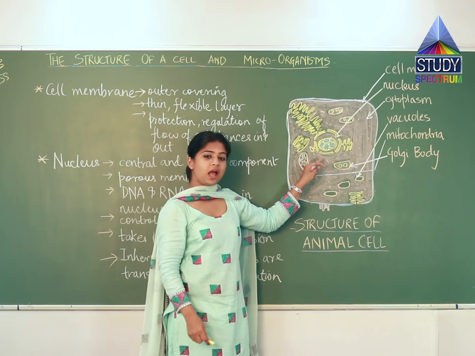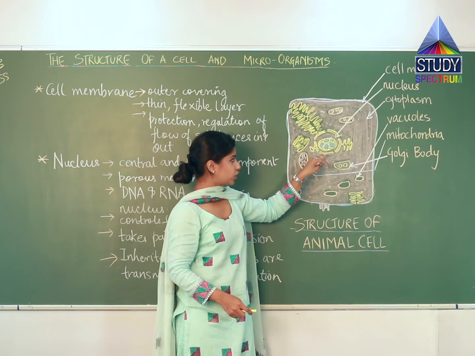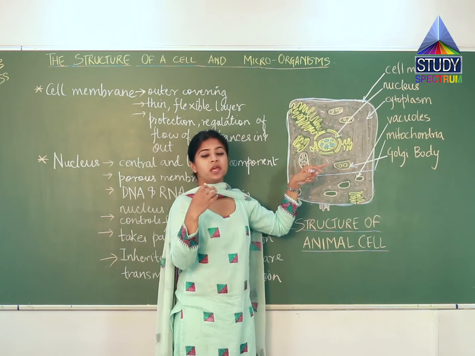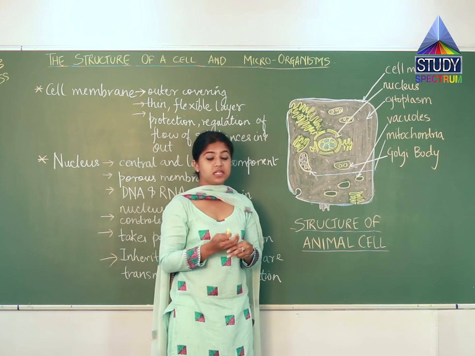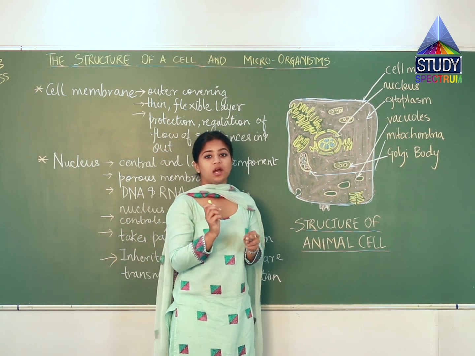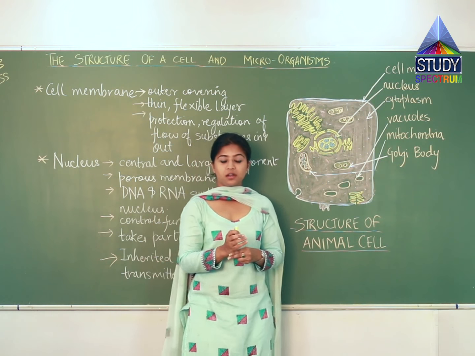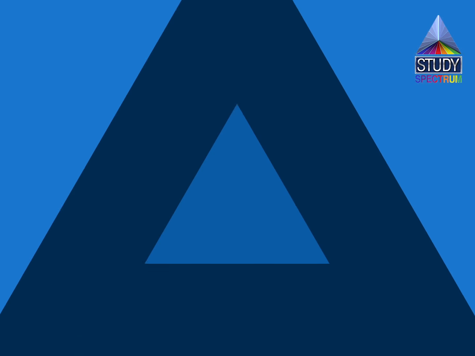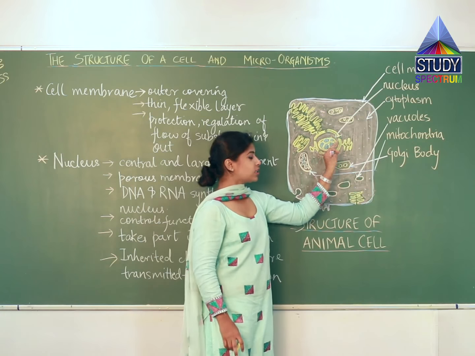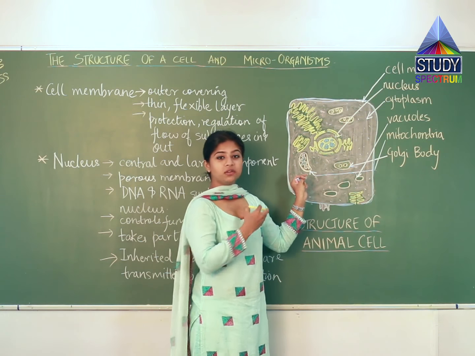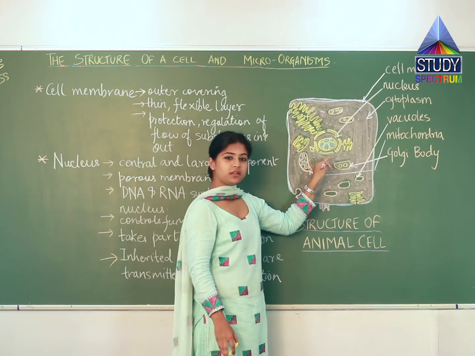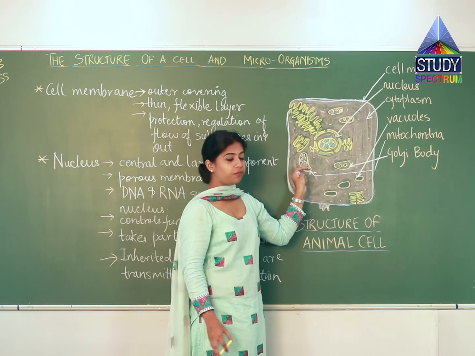Since it has this porous structure, it helps in the movement in and out of the genetic material, that is the DNA and RNA. DNA and RNA are two genetic materials. So in the structure of the nucleus, you see that it is porous for the transfer of the DNA and genetic material out of it.